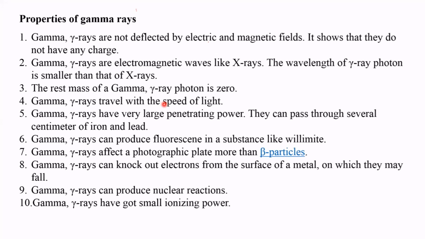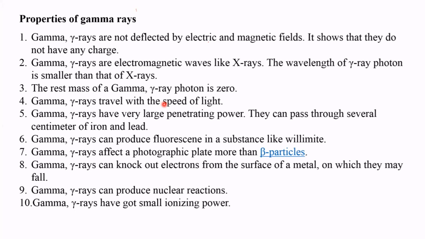Gamma rays also belong to the family of electromagnetic radiation. They are also in the electromagnetic spectrum. Some properties of gamma rays are similar to X-rays, and a few differ from X-rays.